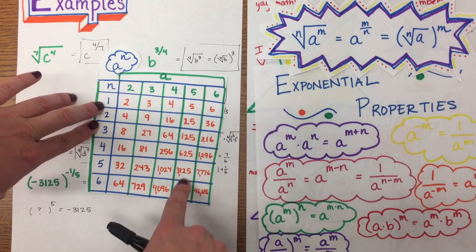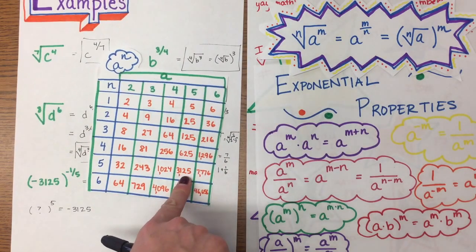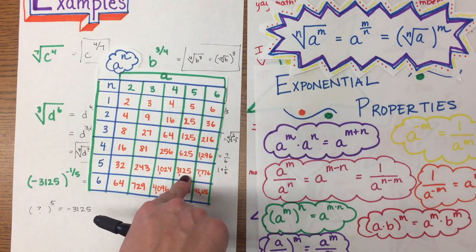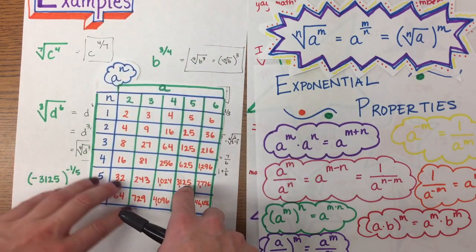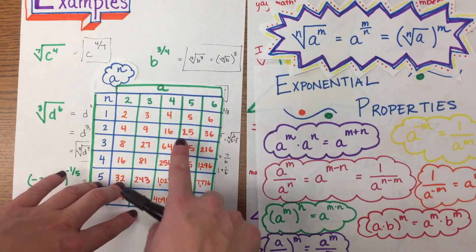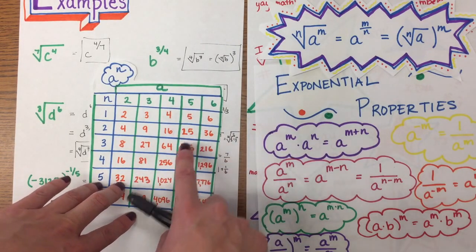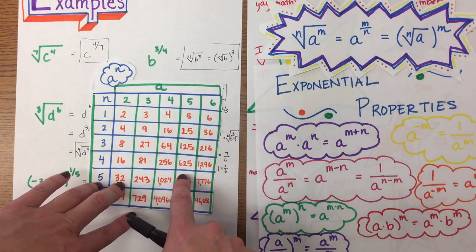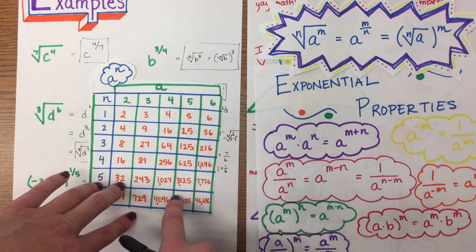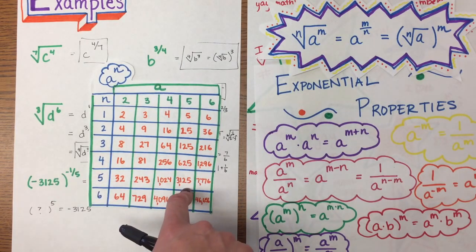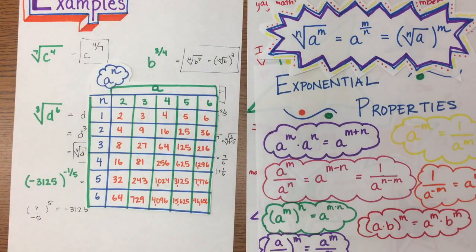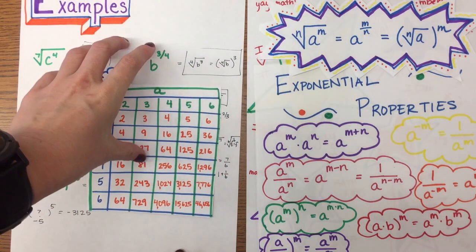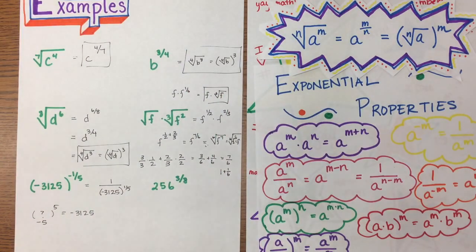And if I look on here, 5 to the 5th power is 3,125. If I want that to be negative, if I take negative 5 times negative 5, I get positive 25. Times negative 5, I get negative 125. Then positive 625, then negative 3,125. So this question mark should be negative 5. Negative 5 raised to the 5th power is negative 3,125.